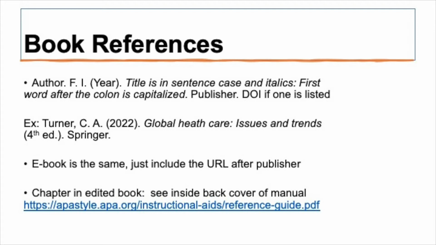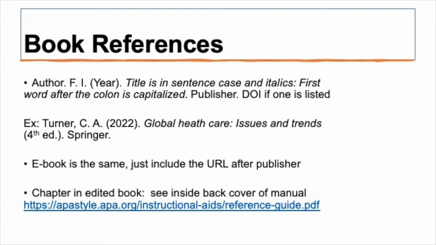If you are using a chapter in a book that you are referencing, the format for that is located again, a quick look on the inside cover of your APA manual, or you can follow this link, which will take you directly to how to format a chapter in the edited book. And basically, it's the same format initially, with the author of the chapter going first.